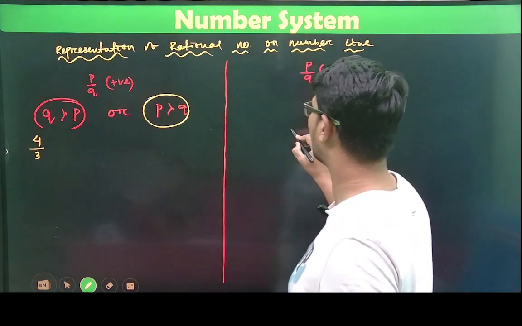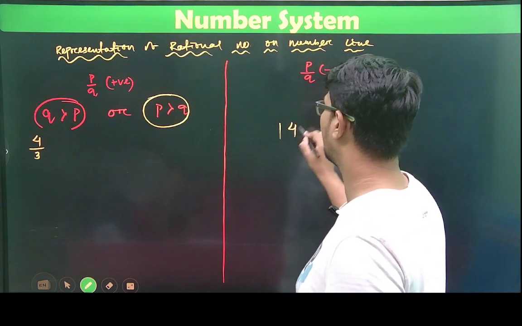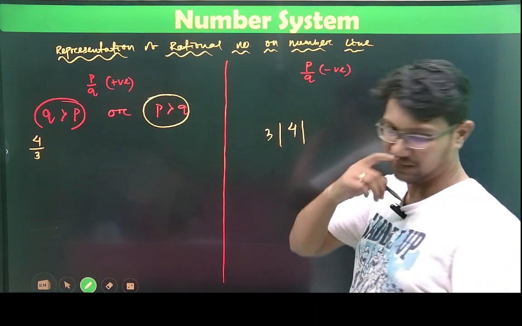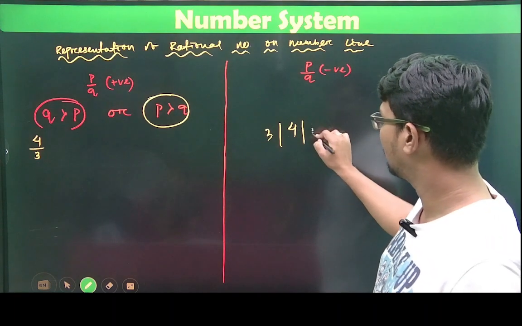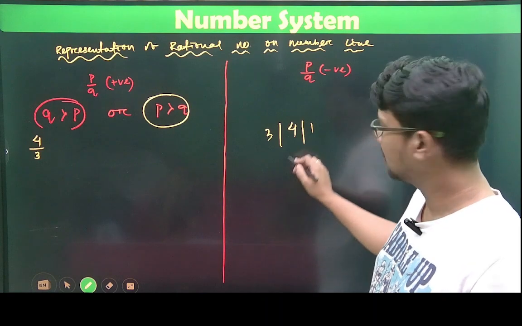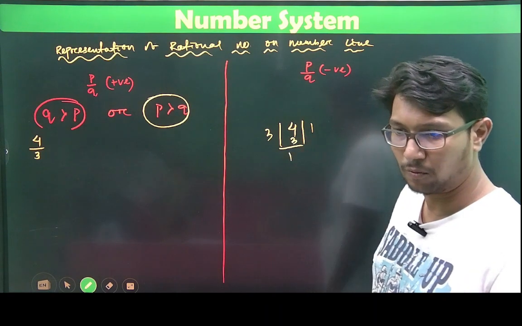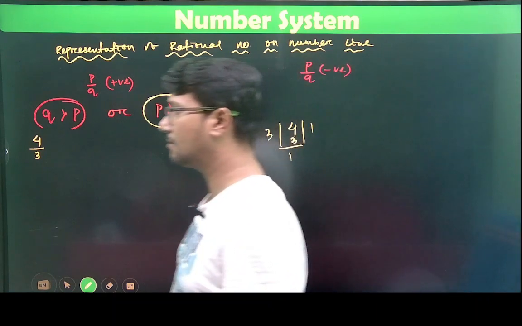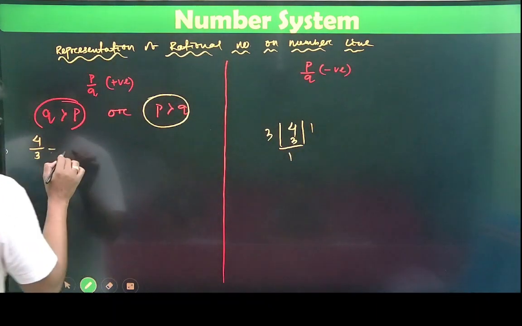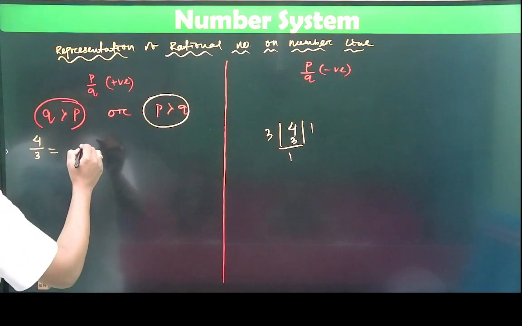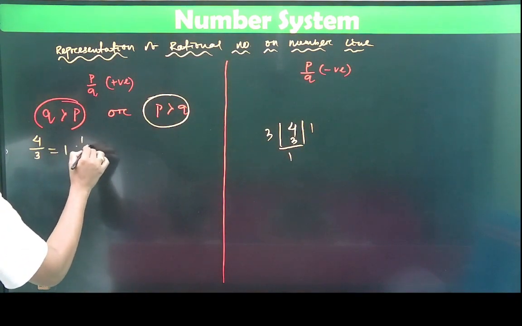For that we draw a small rough division. 3 goes into 4 once, how much is left? 1. We are going to write this as a mixed fraction: 1 whole 1 by 3.